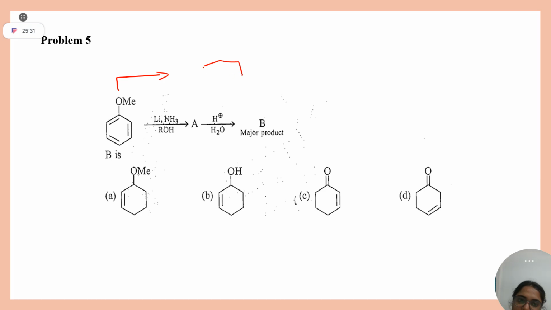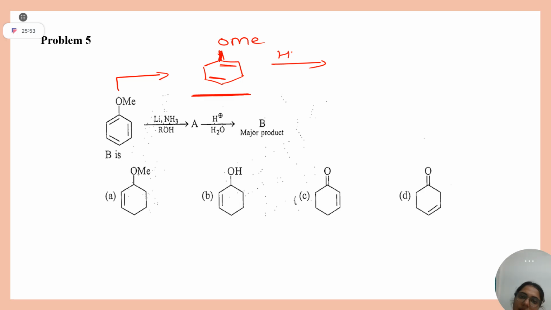Electron donating, right? So whenever you have electron donating, you have to make these double bonds near to the electron donating group but parallel to each other. So A, are you comfortable with this product? Is this correct? A.